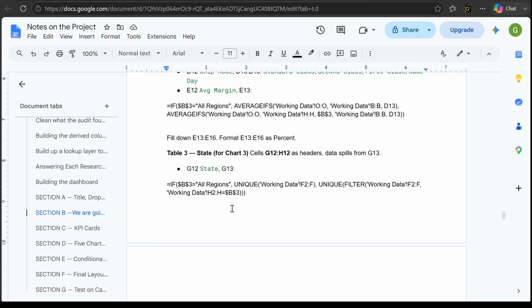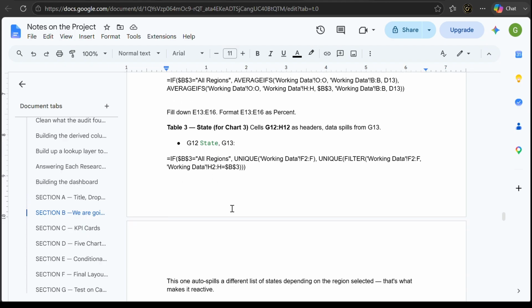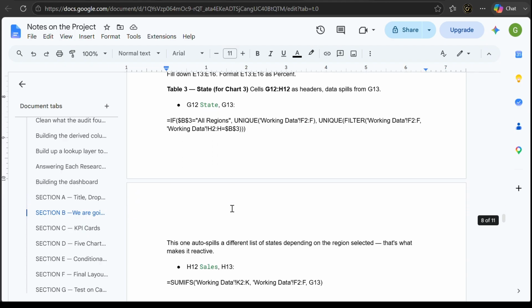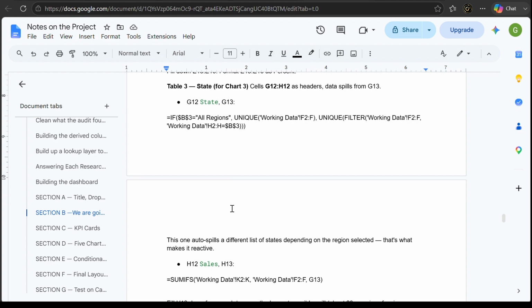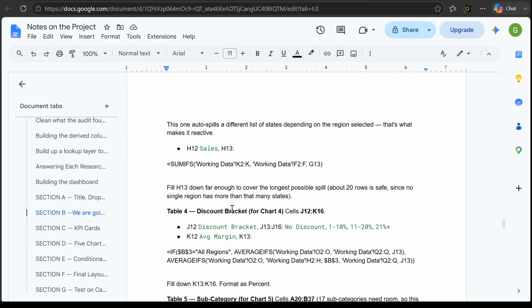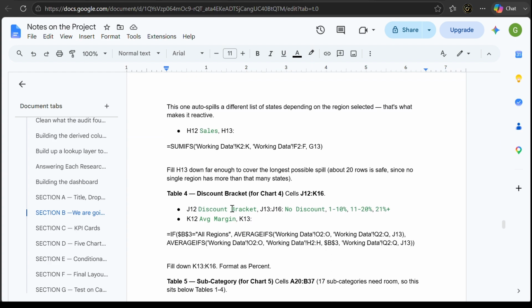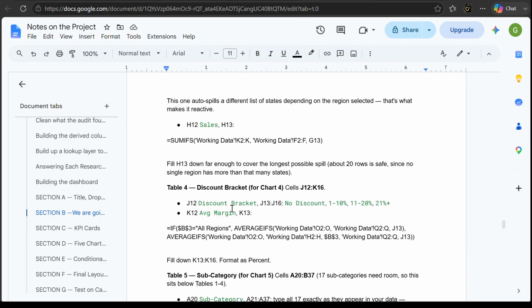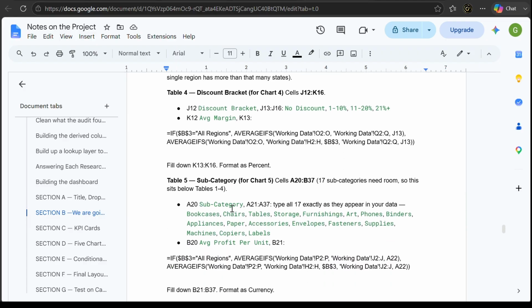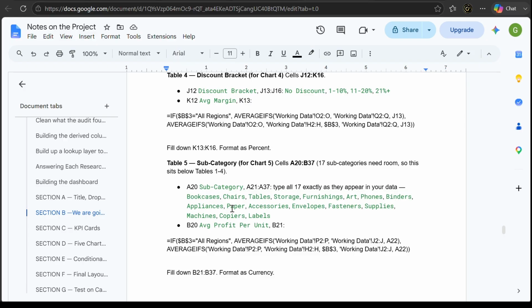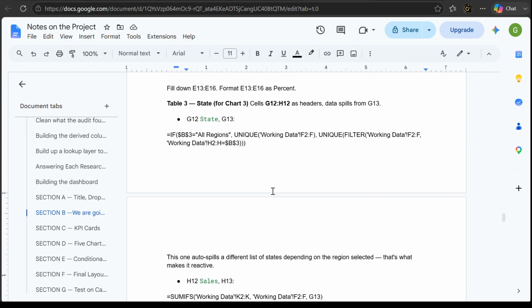The third table is going to be based on the sales for the different states, and then the fourth table is going to be average margin for each discount bracket, and then the last table is going to be of the average profit per unit for the different sales categories.